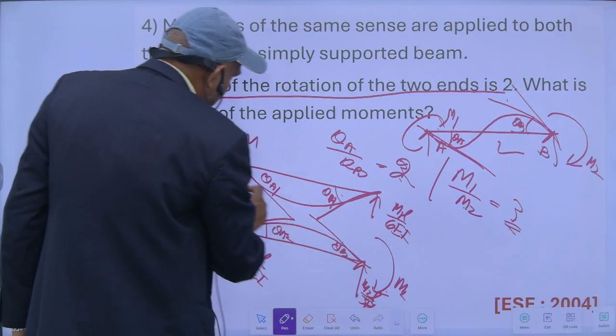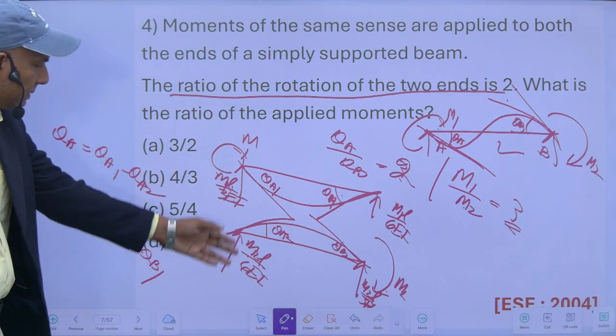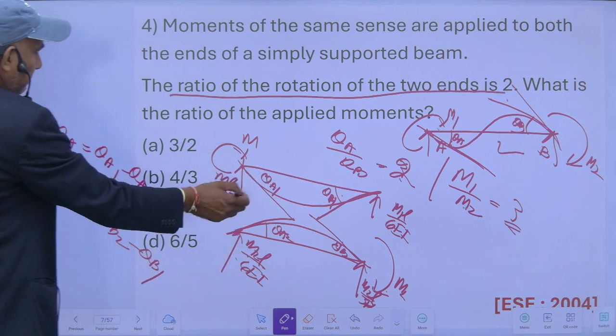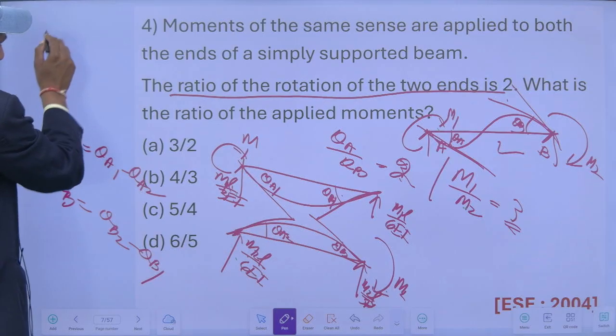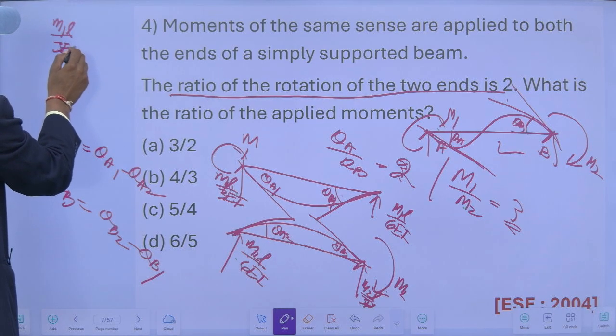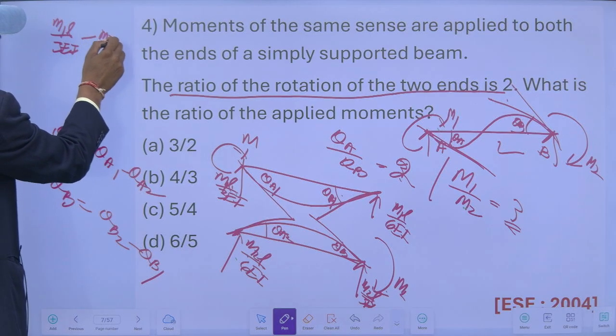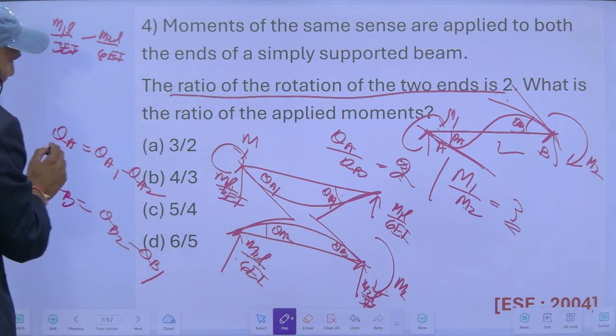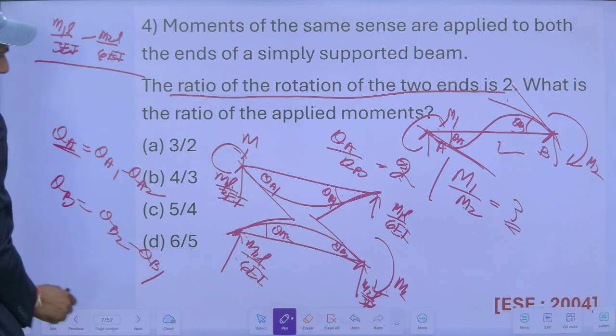So my net rotation at this point will be this minus this. It means M1 L upon 3EI minus M2 L upon 6EI. This will be the net theta A.